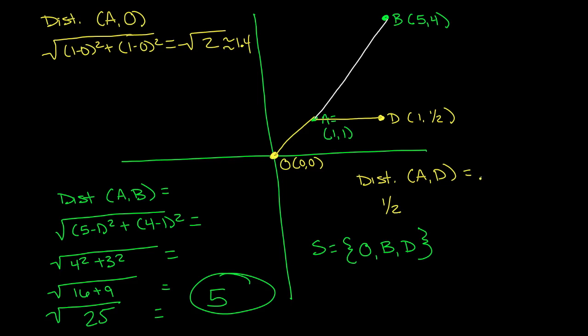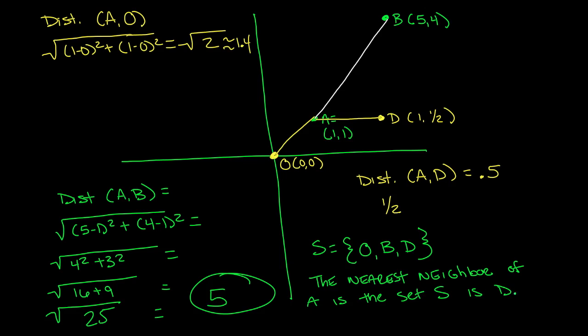So here's the following statement, the meaning should be pretty clear. The nearest neighbor of A in the set S is D, because it's the nearest point.